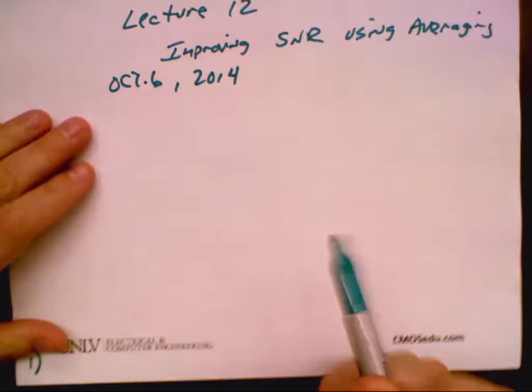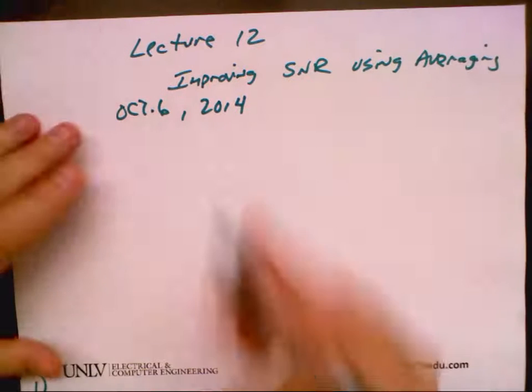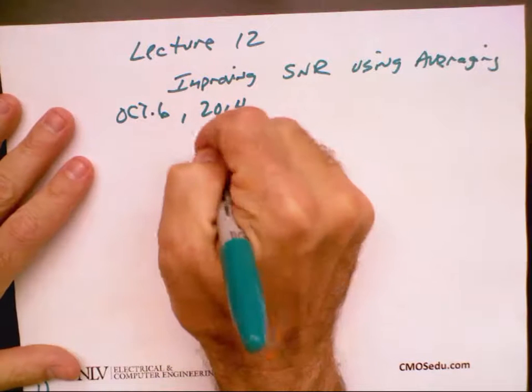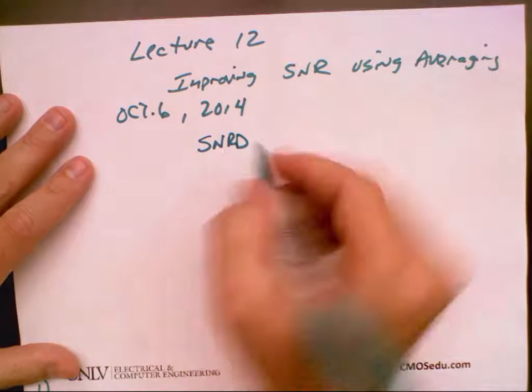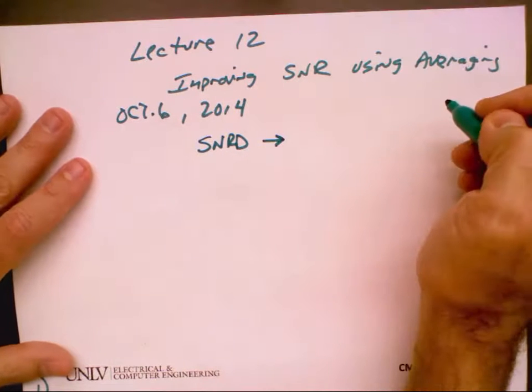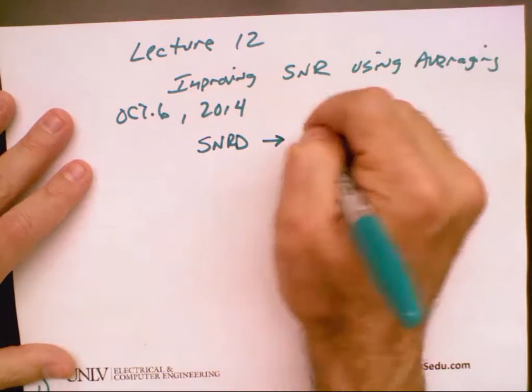Any questions on the jitter or the signal to noise plus distortion ratio? I've got a question. I think Analog Devices uses this term. If you look at SNDR, signal to noise plus distortion ratio, what's another name for that?